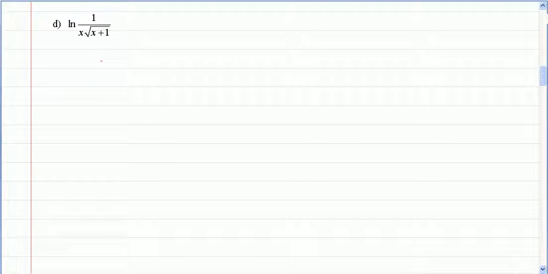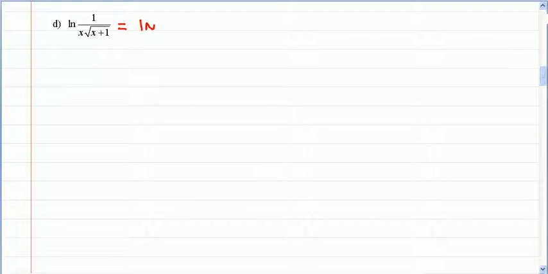For part D, ln of 1 over x times the square root of x plus 1. Before I take the derivative, I'm going to use one of the properties of natural logarithms, which is the division property. So when you have 1 divided by x times the square root of x plus 1, I can separate this as two logarithms using subtraction.